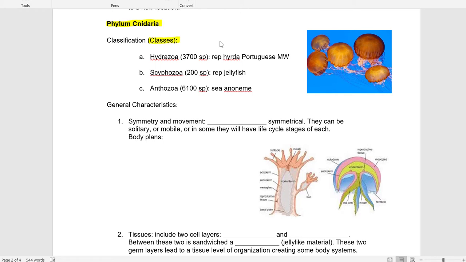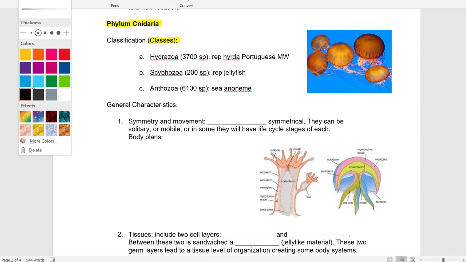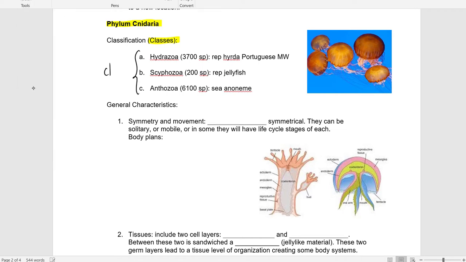When we look at this, I want you to make sure that you understand that we're talking about class. So remember that, domain, kingdom, phylum, class. All right, so three classes.